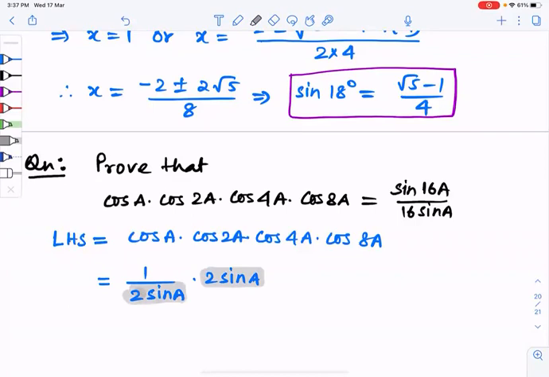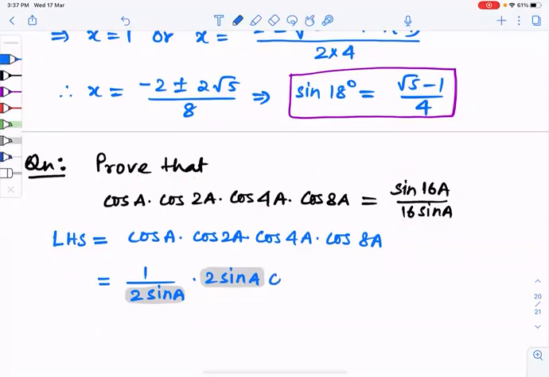Why am I taking something extra here? To simplify the terms. Because I have 4 terms and I have to get only one term this way. So I have to simplify it. For that we are doing it and let us see what we get.